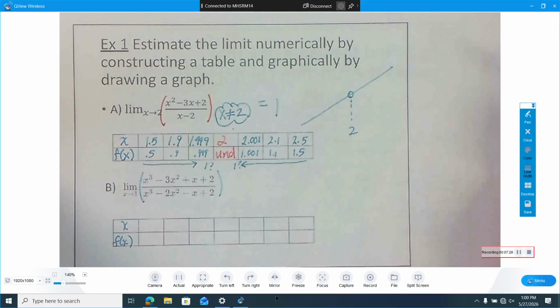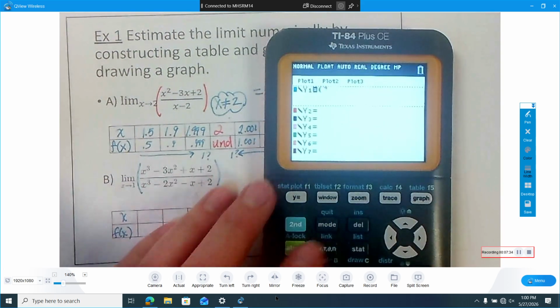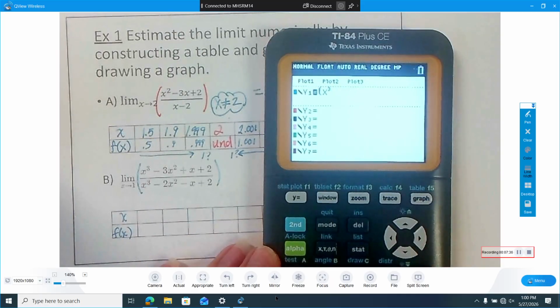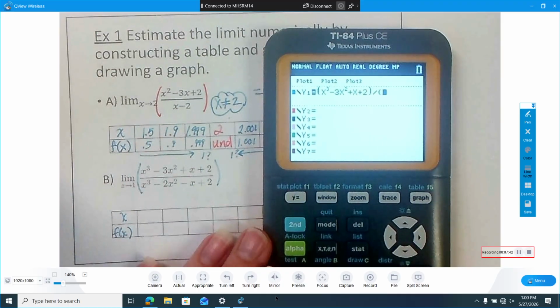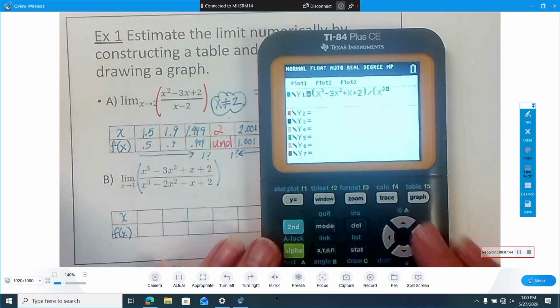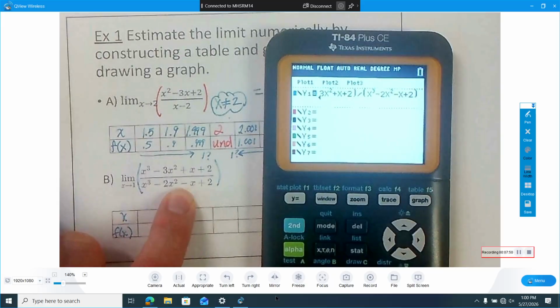We'll talk about that more tomorrow. Let's go ahead and put this in. So x cubed minus 3x squared plus x plus 2, divided by x cubed minus 2x squared minus x plus 2. All right, I got mine put in.